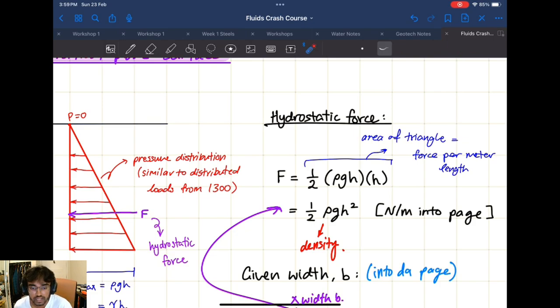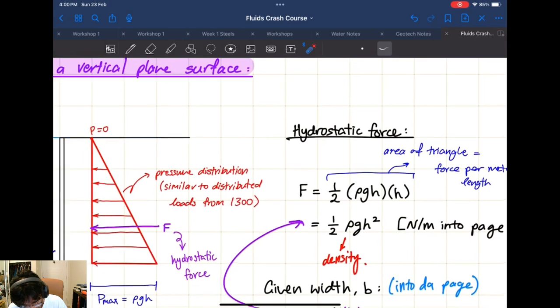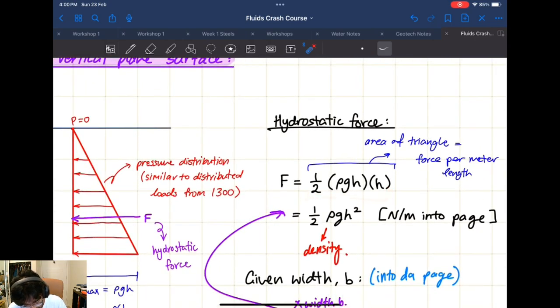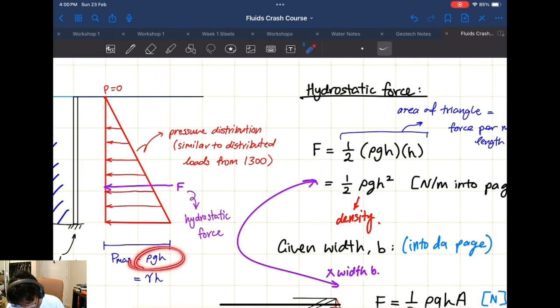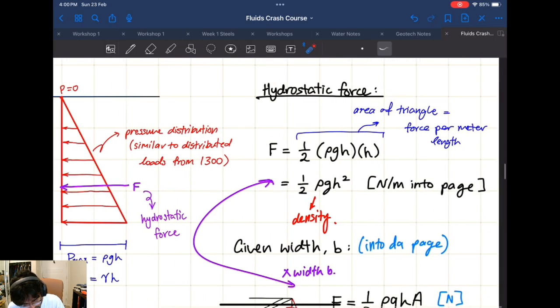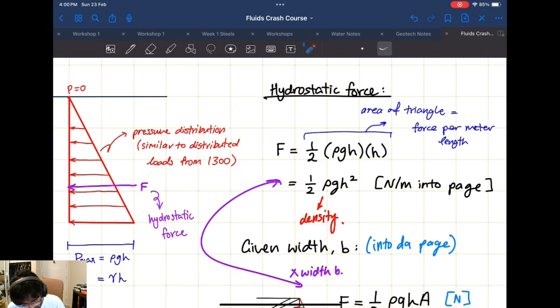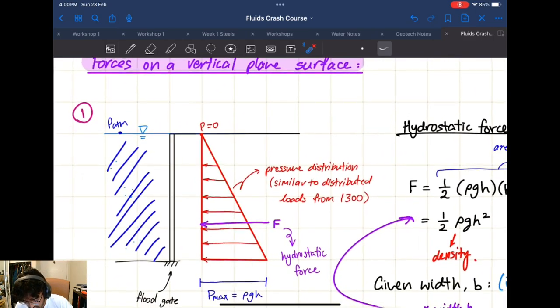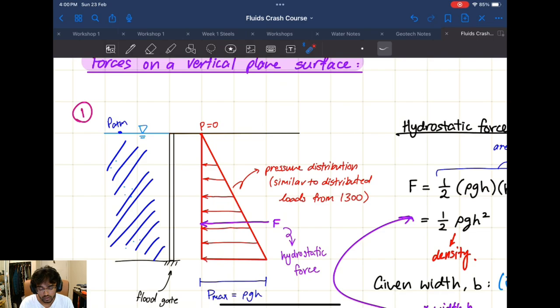Right, so per meter length, where we have the area of the triangle being half times base, which is rho g h, times our height. So this is going to be our height. So it's given by newtons per meter into the page. So that's if we don't have the width of the actual gate itself. So this is just a 2D view of it, right? We don't know what the width of the gate is.